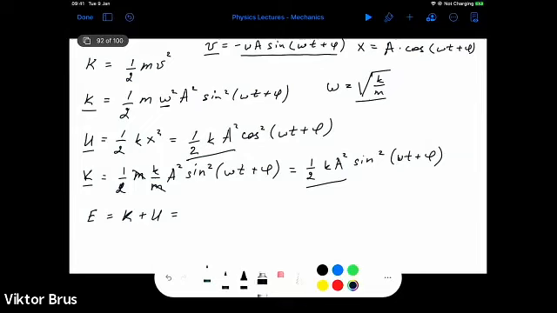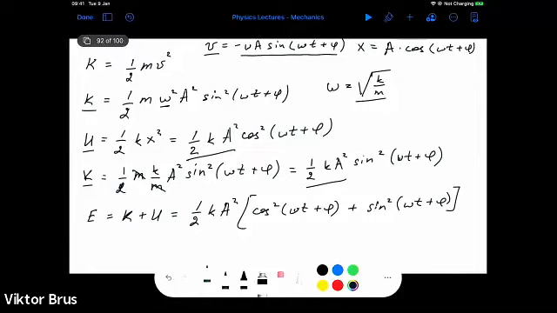And this is equal to 1 over 2 k a squared. So we factor this out because this constant is the same for both types of energy. Will be cosine square omega t plus phi plus sine square omega t plus phi.